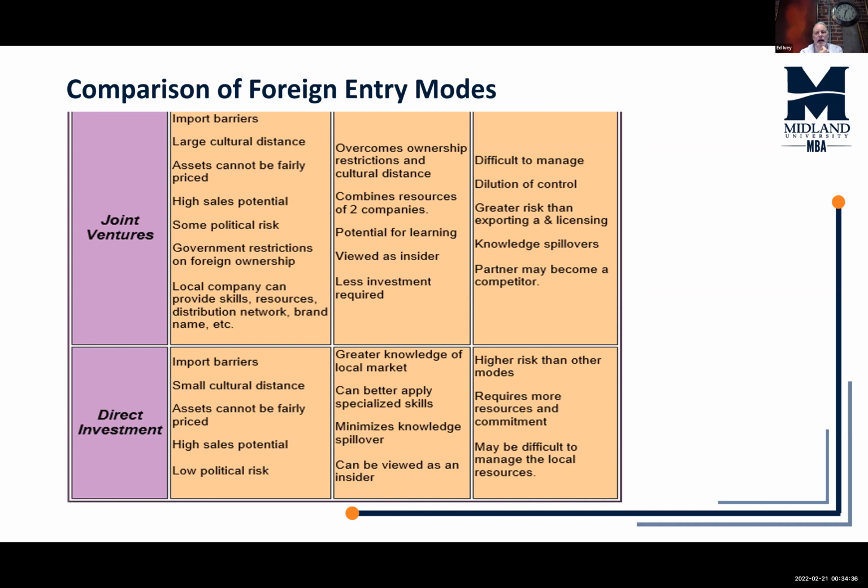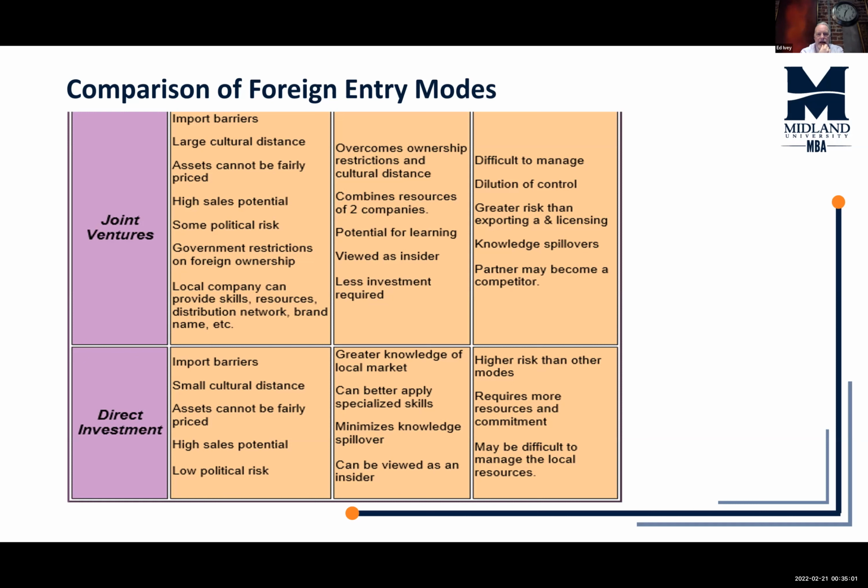When there is a large cultural difference, it is the foreign joint venture partner there that understands those cultural differences, that understands those cultural needs and demands, and is able to navigate that particular path for you.